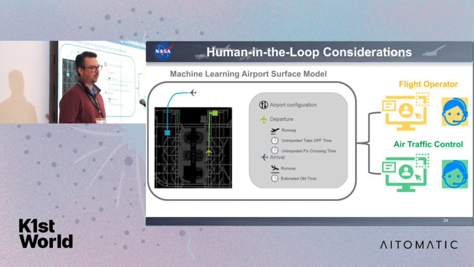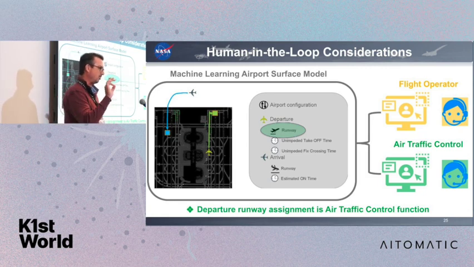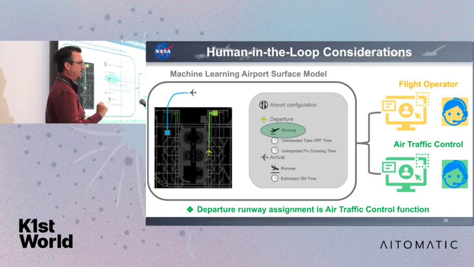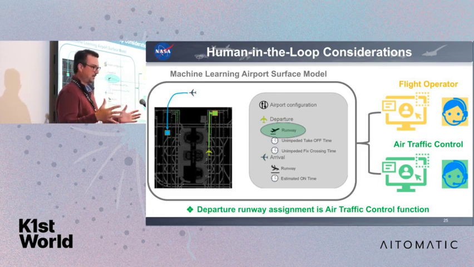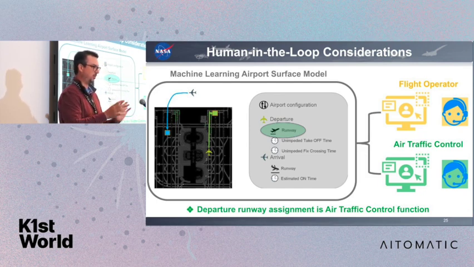But what we learned here is that air traffic control views one of these data elements as their job, as their function, and that's the departure runway. Why is it their job? Because as demand is coming for an upcoming period of time, air traffic controllers are trying to do what they call load balancing across the departure runways, so that you don't have all the demand on one departure runway while one is sitting there completely empty, or vice versa.